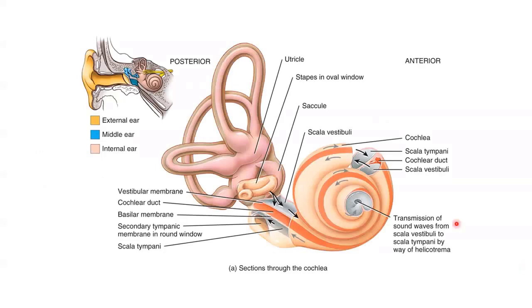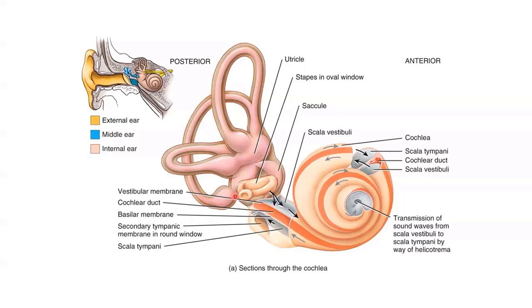Now, our semicircular canals are these parts here. Again, our semicircular canals make up part of our bony labyrinth. Our semicircular ducts are these pink parts which sit within the canals and are part of our membranous labyrinth.